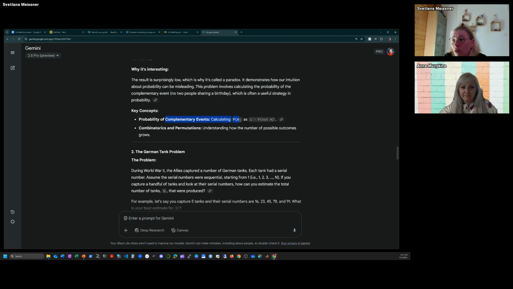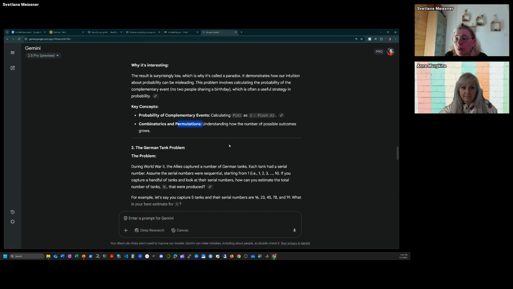If the probability of something is P of A, then for all the others, not A, we calculate 1 minus P of A. And then we also need the concepts of combinatorics and permutations to solve this problem.